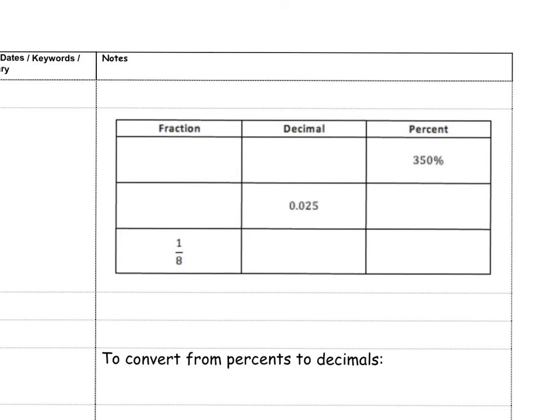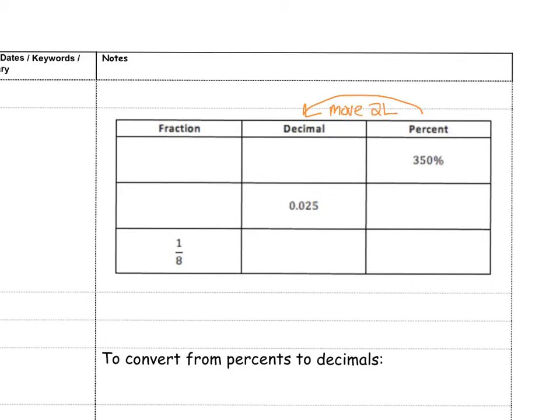And now we're not just starting with the percents. Now we're starting with a fraction, a decimal, or a percent. So when we think about what we know, percent to decimal is we move the decimal 2 to the left.